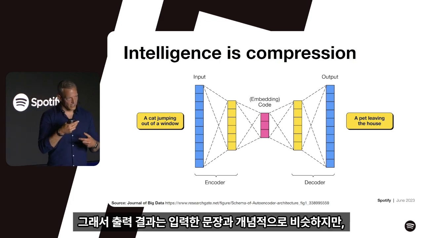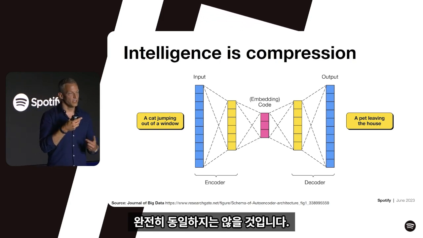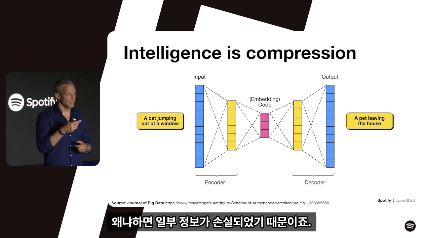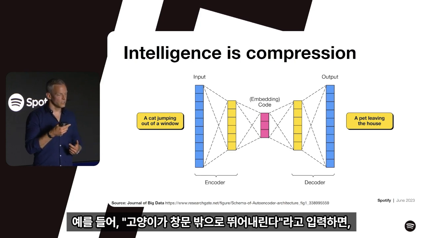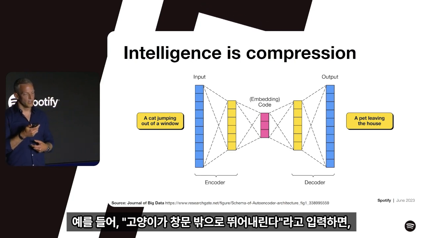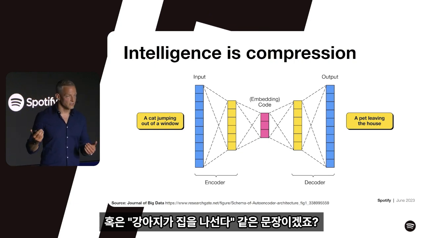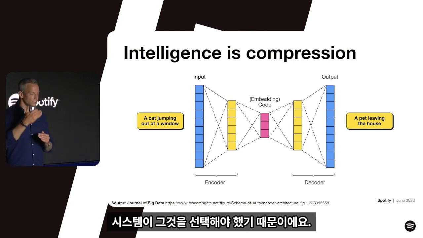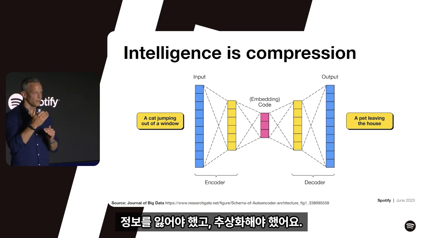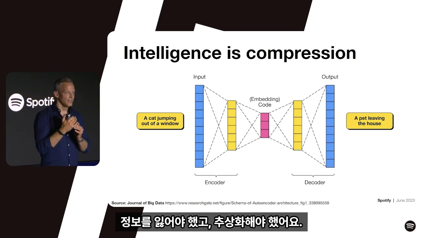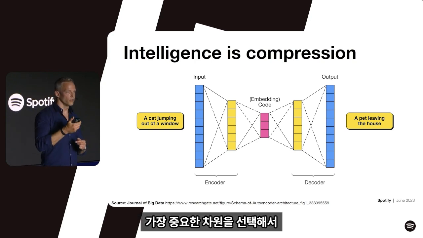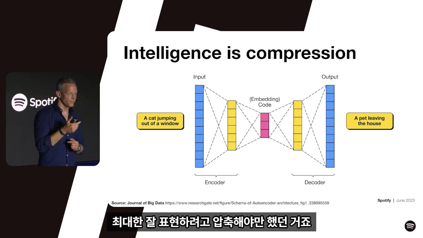So what you get on the output is something that is conceptually similar to the sentence you put in, but not quite the same because information was lost. If you put in a cat jumping out of a window, maybe what you get out is a pet leaving the house, or a dog leaving the house, right? Because the system had to pick, it had to lose information, it had to abstract, it had to pick the most important dimensions to do as well as it could.